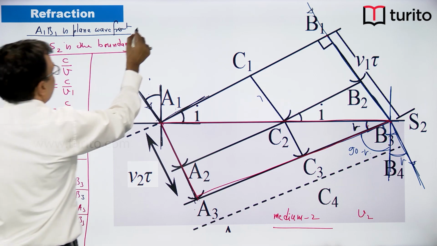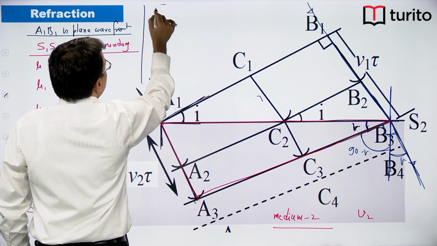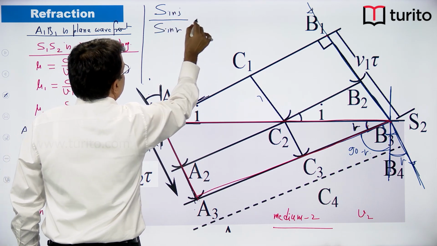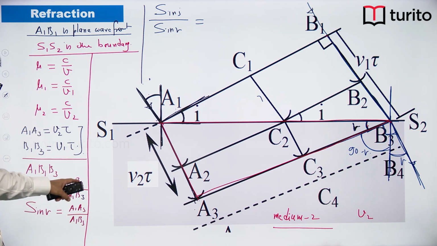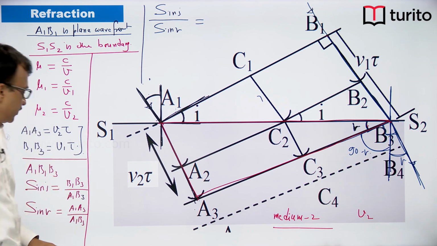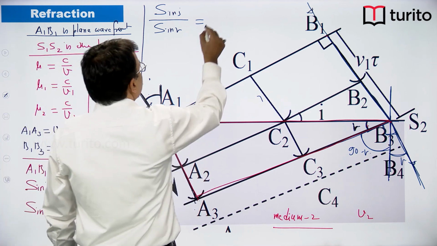Sin I upon sin R equals B1 B3 upon A1 A3, because the common hypotenuse A1 B3 will cancel out.